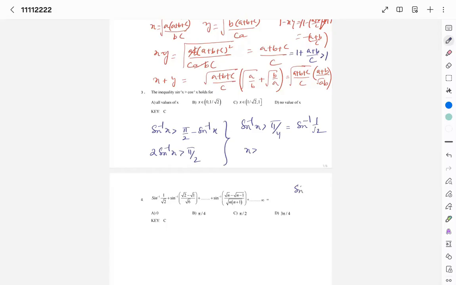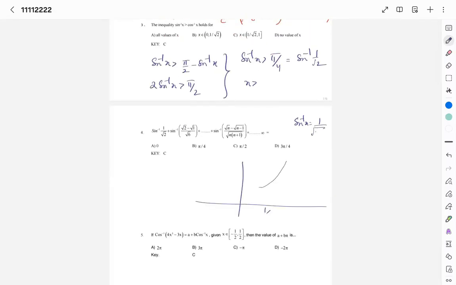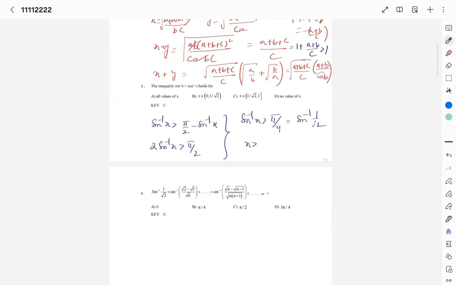Once you differentiate sine inverse x, is it decreasing or increasing? Take 1 by root 2 and 1. Sine inverse 1 by root 2 is pi by 4. Sine inverse 1 is pi by 2. It is an increasing function.